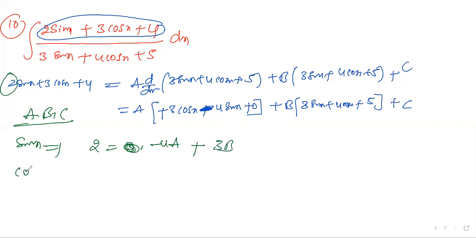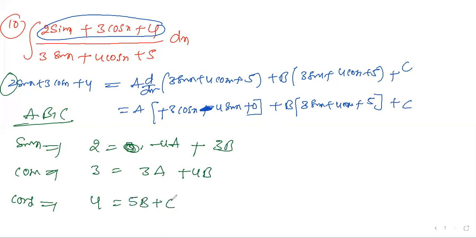Next go to cos x. It is 3 on the left, and on the right 3A plus 4B. Clear? Next constants, you equate 4 equal to, 5A into 0, nothing will come because it is 0, so only 5B plus C. This is clear now.